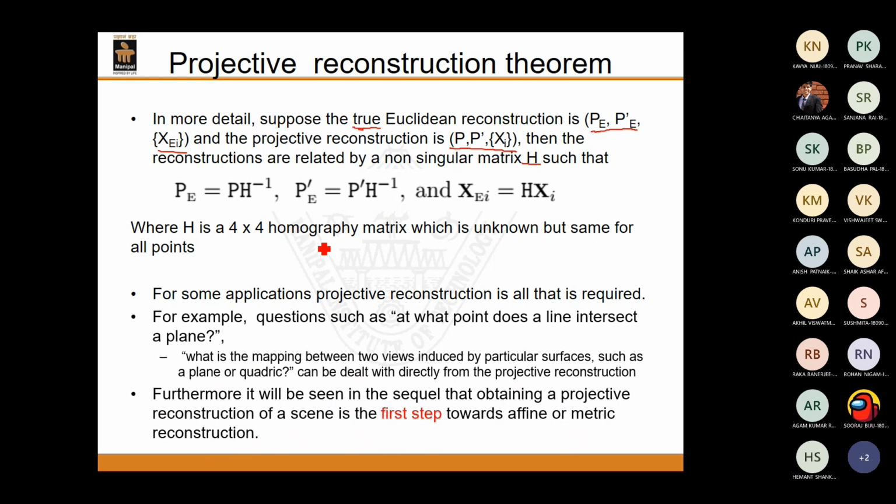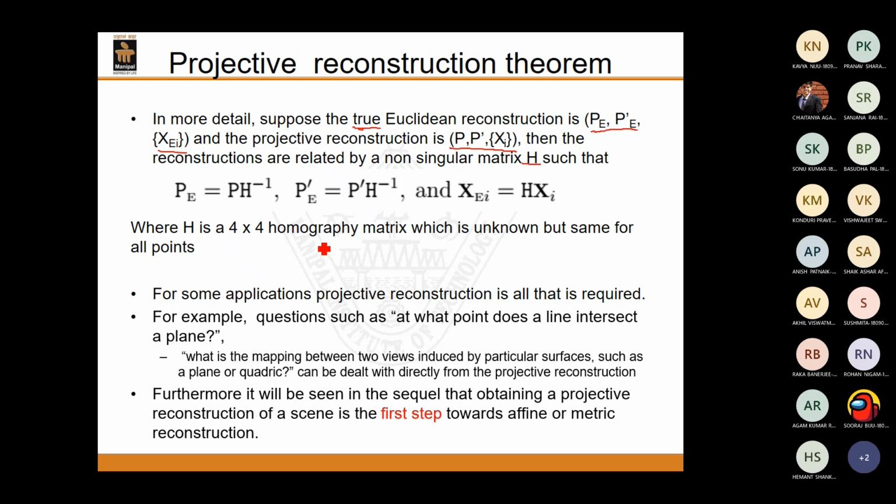Okay, so what we saw here is regarding the projective reconstruction or projective transformation. As I said earlier, in projective transformation, all we can find out is whether two lines intersect or not. If the two lines which intersect in the actual scene are also intersecting in the reconstructed image, then we can say that the reconstruction is in the projective space.